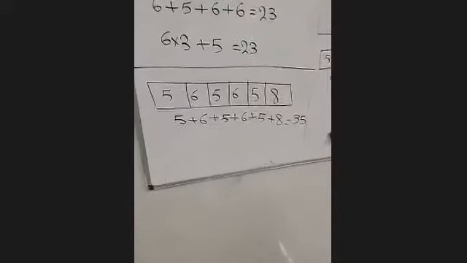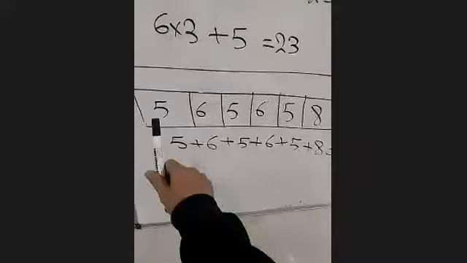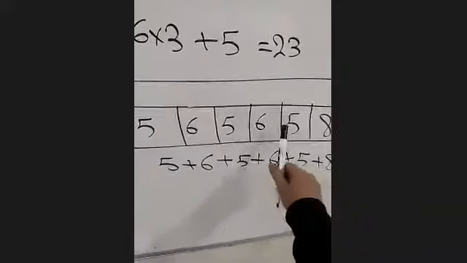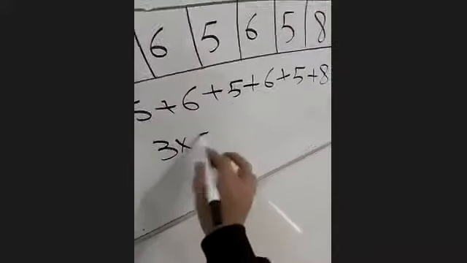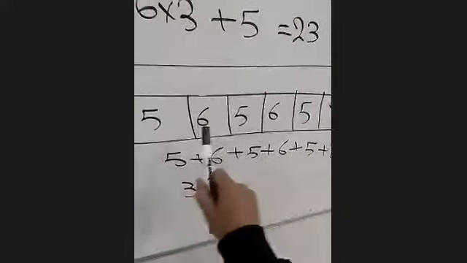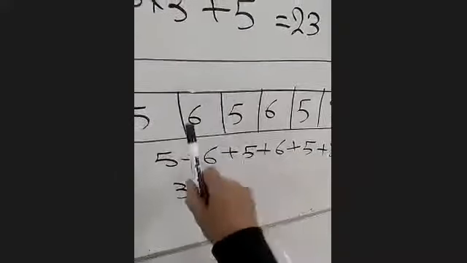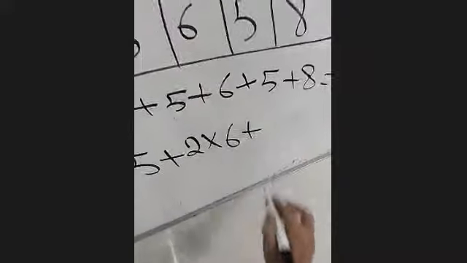And we can express it by multiplying the repeated numbers. Here I have 5 and 5 and 5, 3 5s. So I say 3 multiply 5 plus. We have 2 6s, 6 and 6. We say 2 multiply 6 plus.